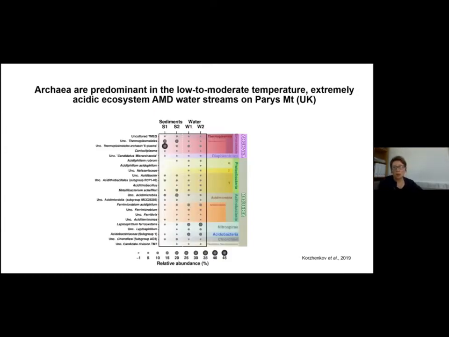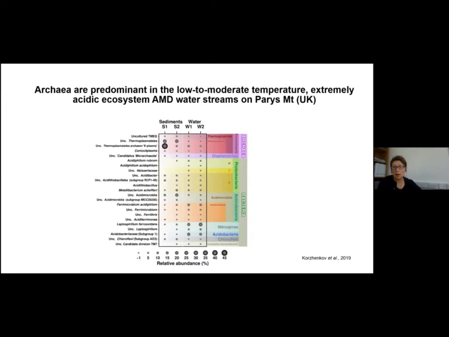So what kind of niche association were we able to see? We discovered that archaea are mostly associated with sediments in this environment of acidic streams, and bacteria are mostly associated with water, but there are also some exceptions.